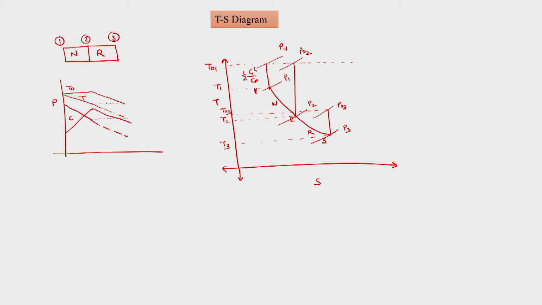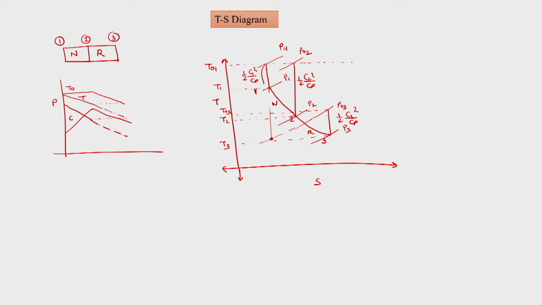This is half C2 squared upon Cp, and this is half C3 squared upon Cp. If we had gone isentropically, then we would have reached the same P03 from P01.